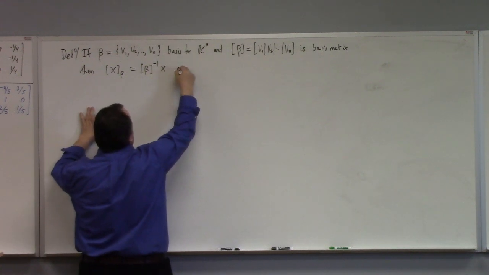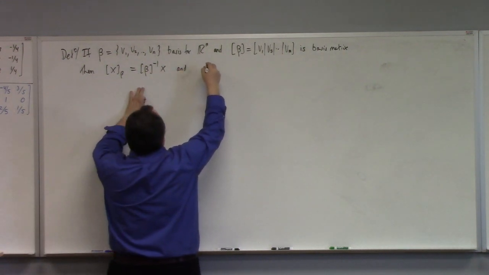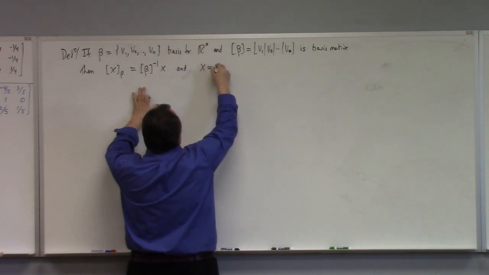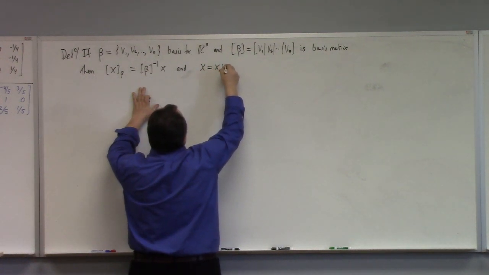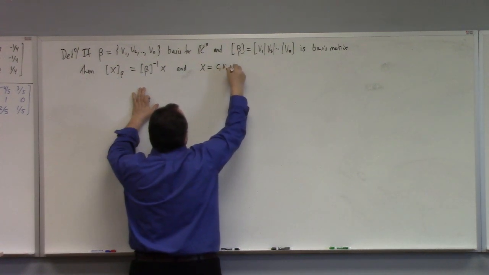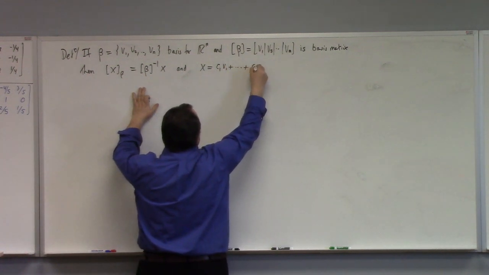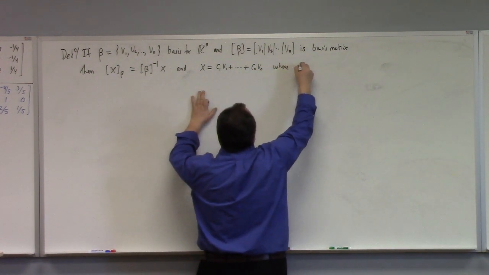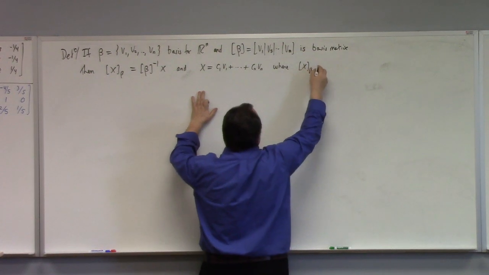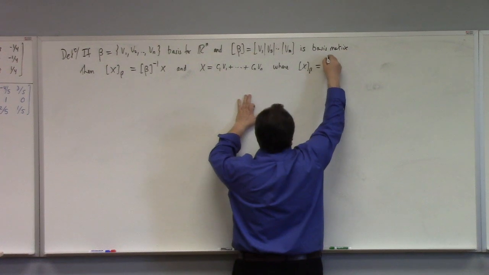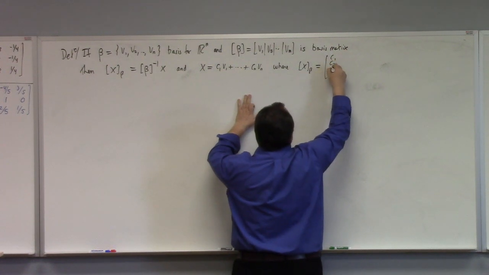What happens there is that we'd have x equal to c1 v1 plus ... plus cn vn, where specifically the coordinate vector of x would be c1, c2, ..., cn.